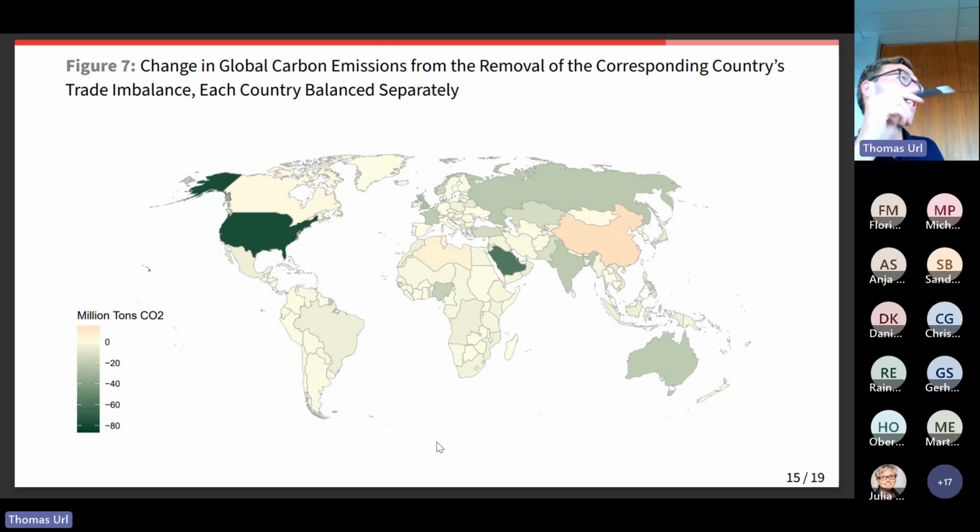This is also very similar to what Dekle, Eaton, and Kortum did when they looked into the welfare impacts of trade imbalances. In the paper, we also look into the trade effects and the production effects. But now I only show you the numbers for the emissions.